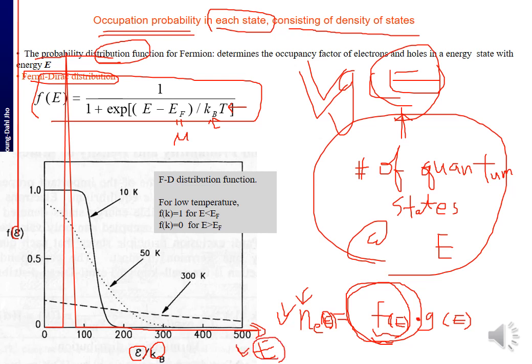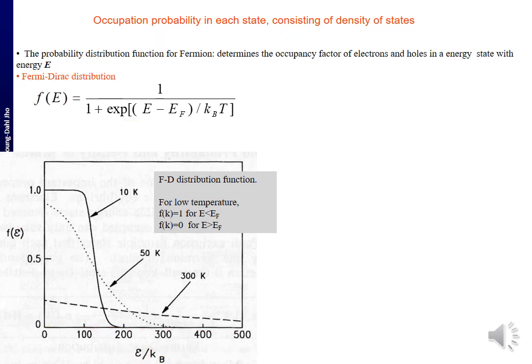Okay, then we see that this F at very low temperature, for example 10K, which is an available temperature in the laboratory, is very stiff.